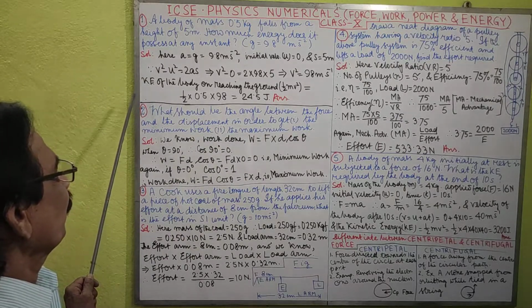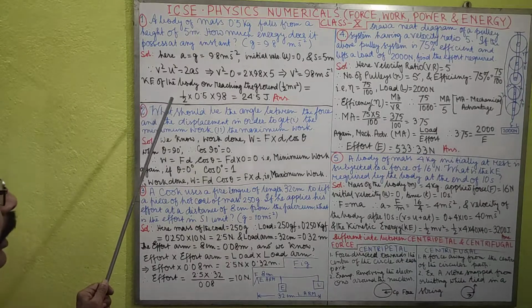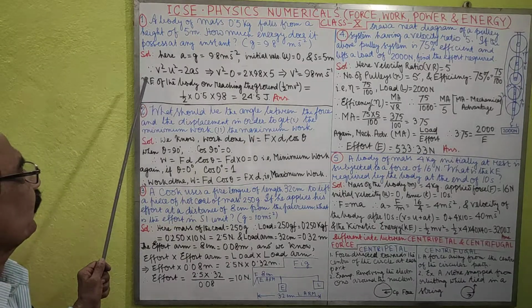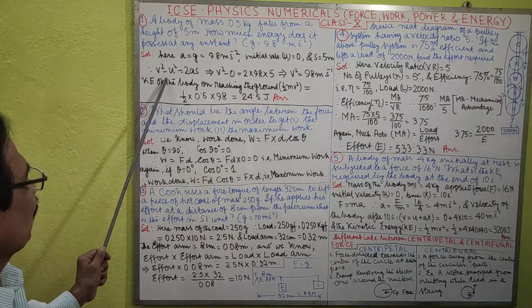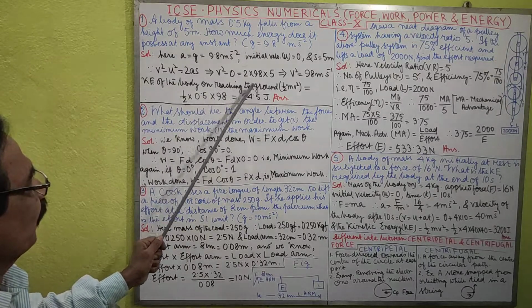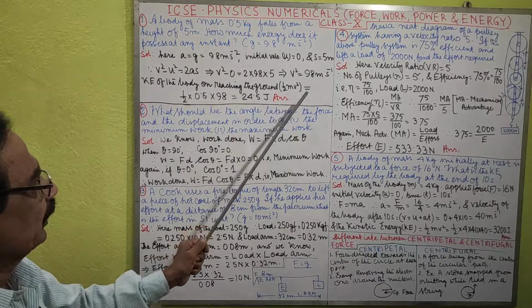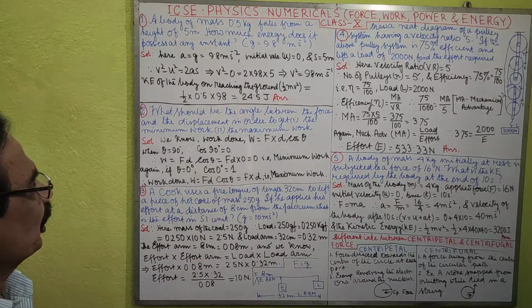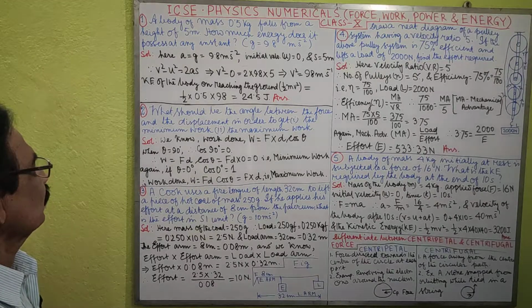We know that v square minus u square equal to 2as. Therefore v square equal to 2as, and u equal to 0. So v square equal to, by calculating this, we are getting 98 meter square per second square. v means velocity, square it is.